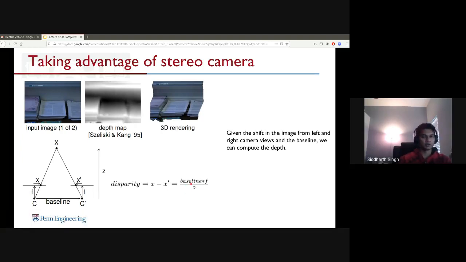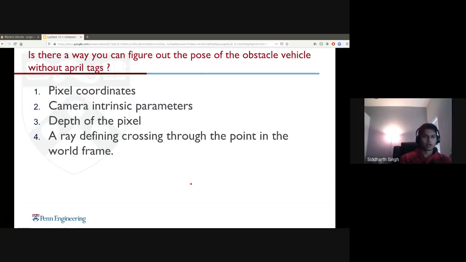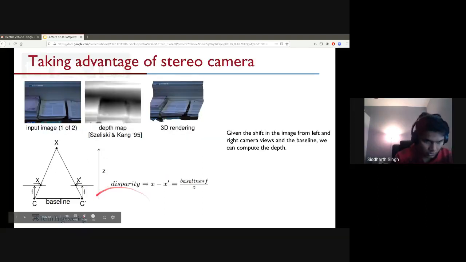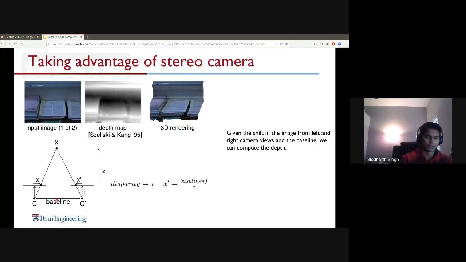So now we have one problem solved. We know the depth. Now the next thing that we need is a ray which defines the point in the world frame. What do I mean by that? Suppose in this coordinate frame I know the Z, but what I don't know is the x and the y, which is protruding out of the frame of the screen.